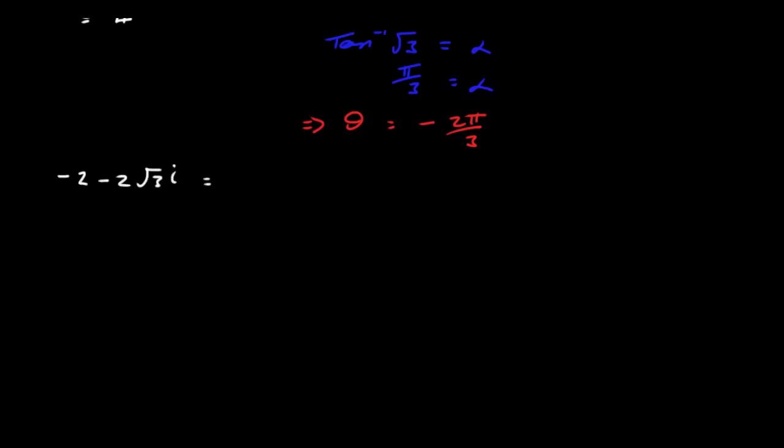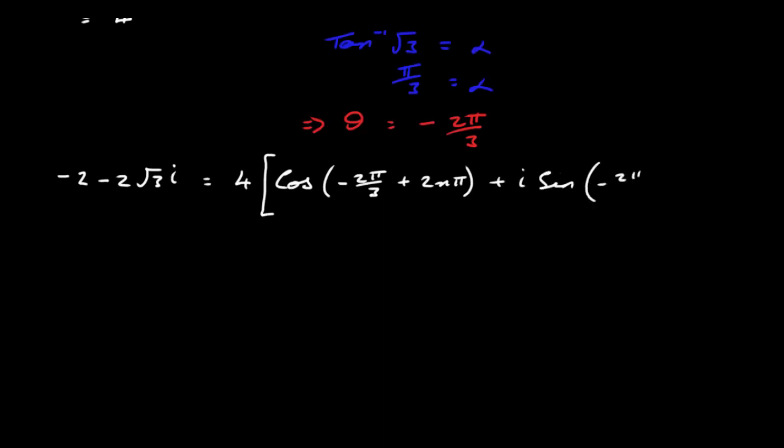We're going to write it as 4 cosine of minus 2 pi over 3 plus 2n pi plus i sine of minus 2 pi over 3 plus 2n pi. This is our general polar form.